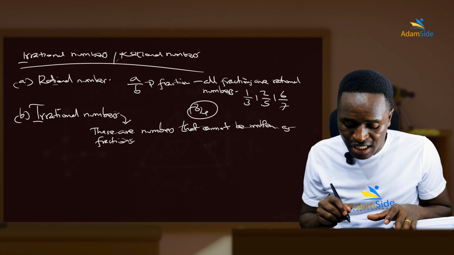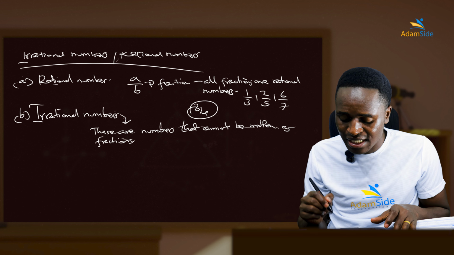That is why we say they are irrational. These are numbers that cannot be written as fractions.